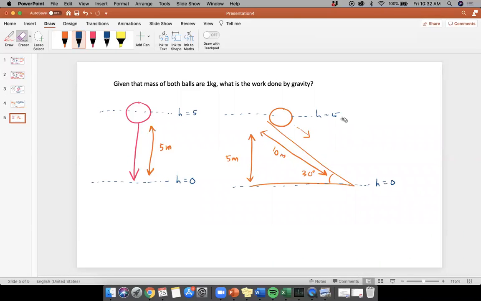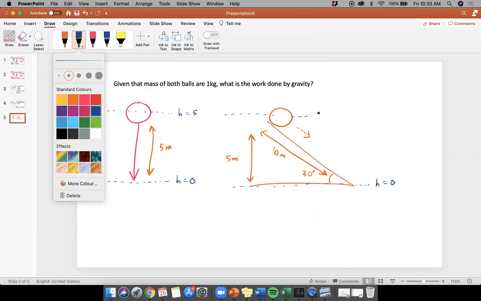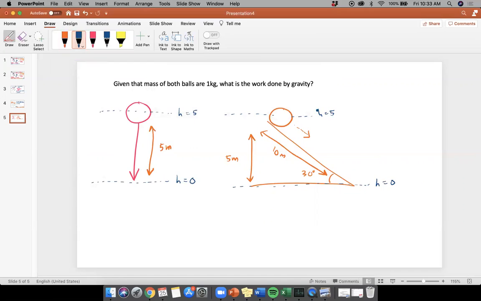Okay, so my question to you is, what is the energy in both balls at the start, before they are thrown, before they move? Anyone wants to guess? Gravitational potential energy.